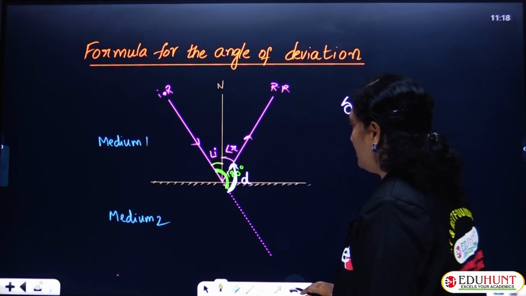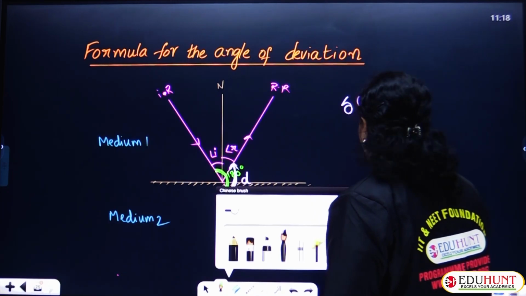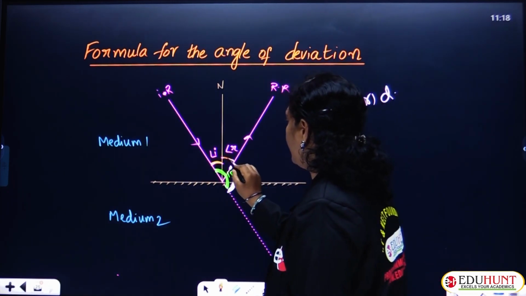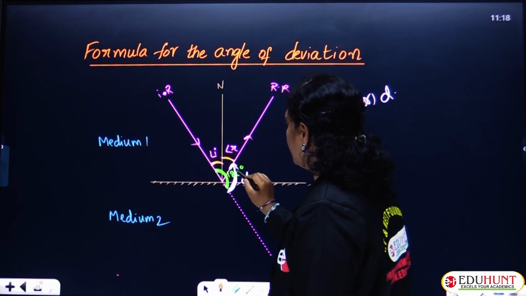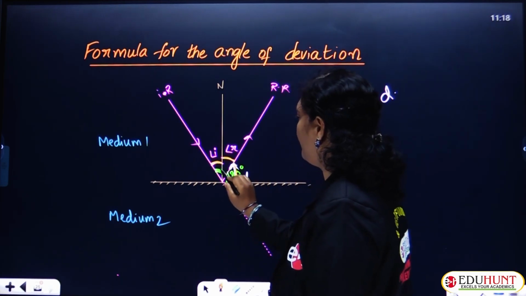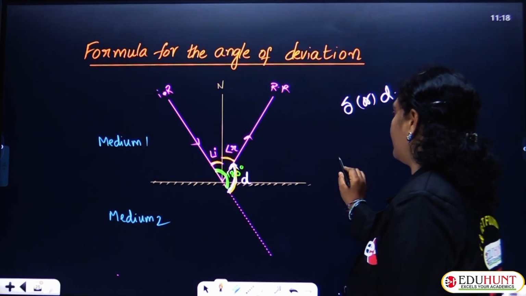So if you focus on this carefully, here it must be angle I, angle R and this angle D together, 1 plus 2 plus 3, must be equal to 180 degrees. Let me write the same.